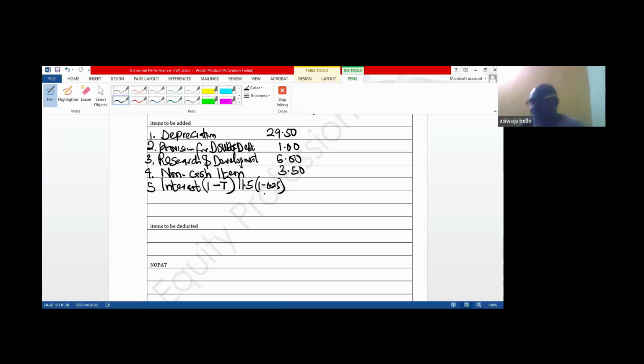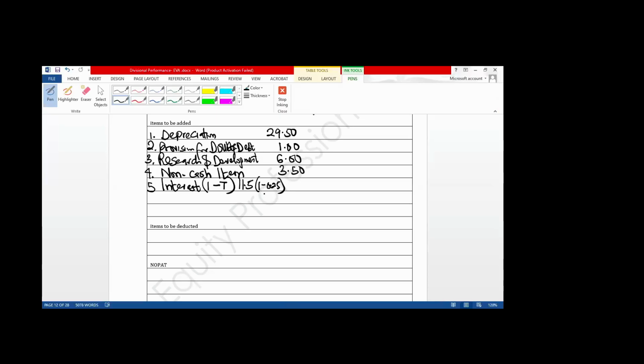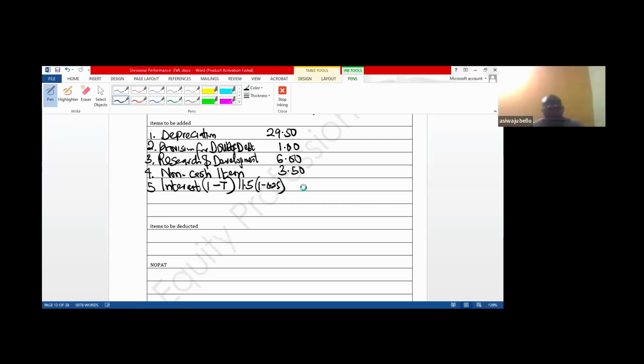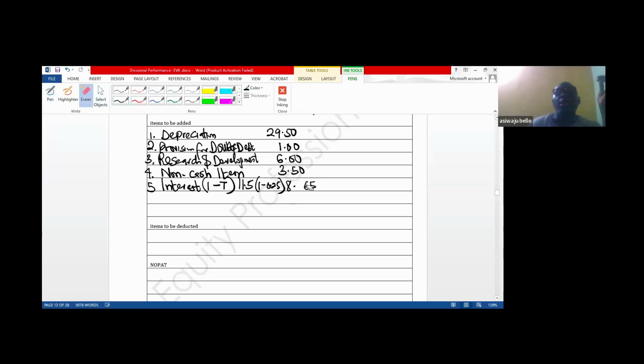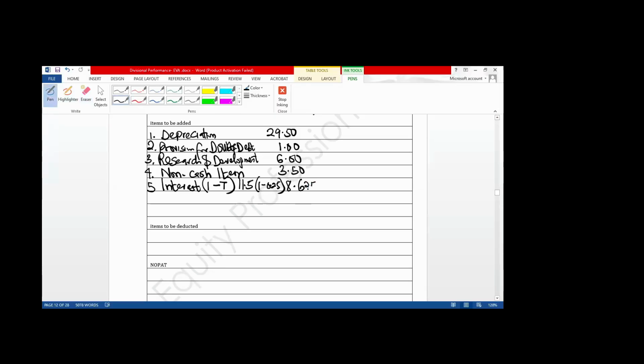Please compute this and tell me. 8.625. It is correct. 8.625.